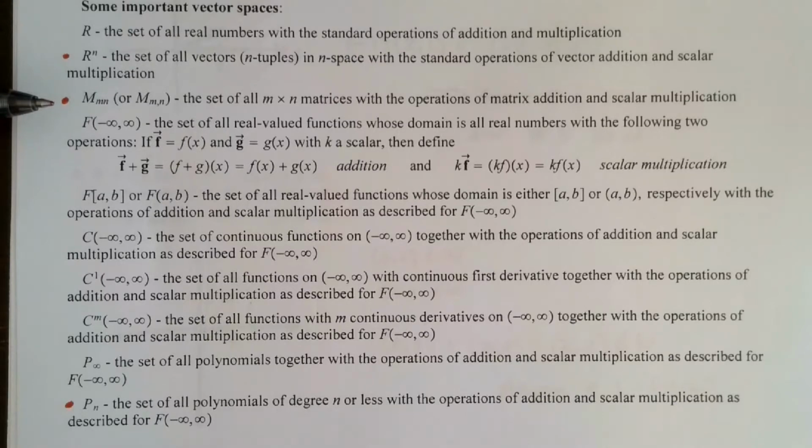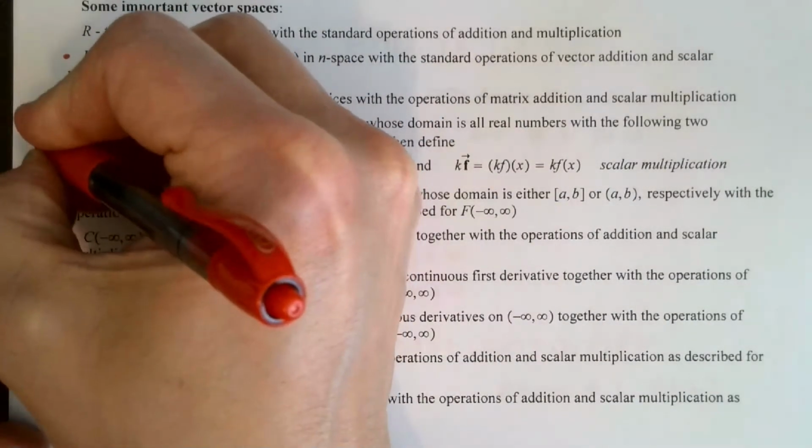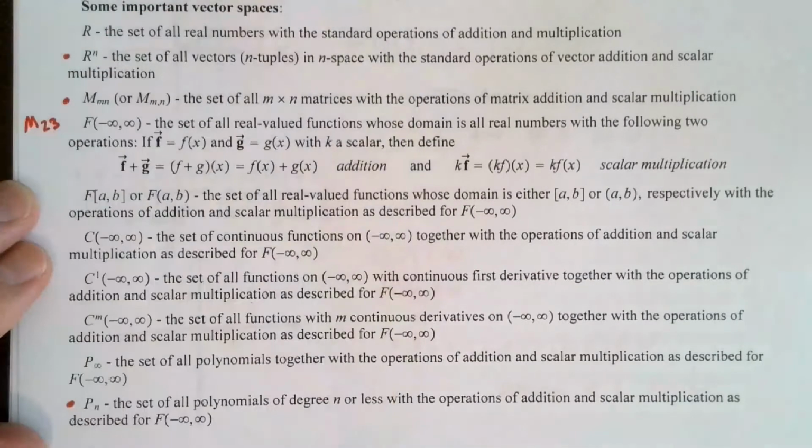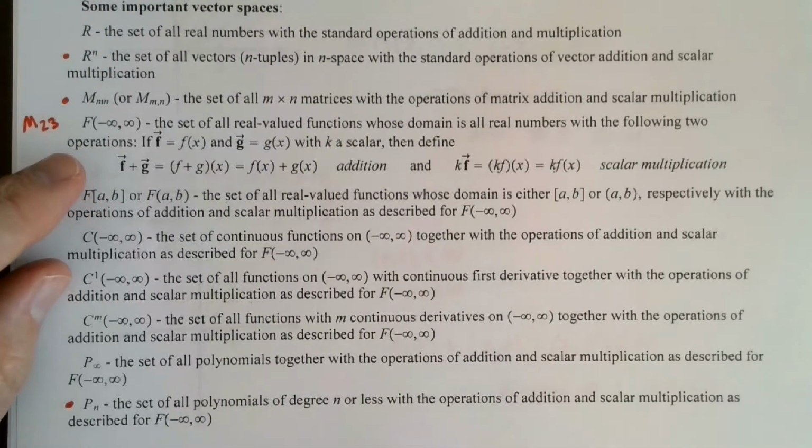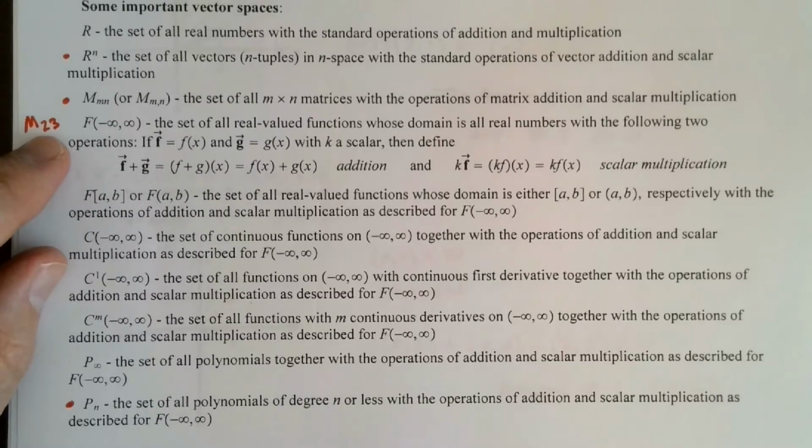The set of all m by n matrices is a vector space, and you see the way we denote that. So the set of all 2 by 3 matrices we would designate as M23, for instance. This would be the set of all 2 by 3 matrices.